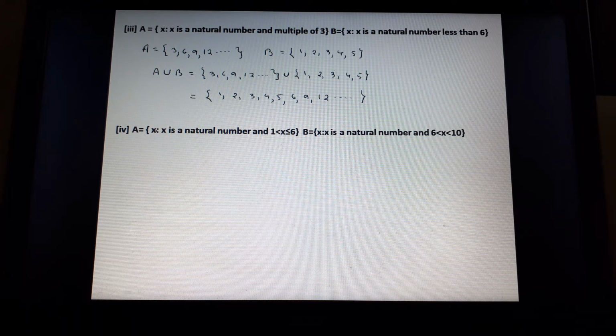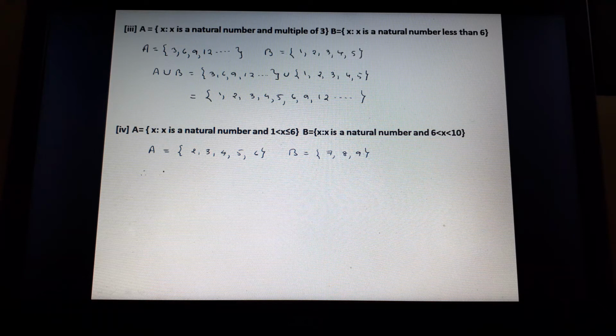Same way here, x is a natural number and it is between 1 and 6, but 6 is included because of the equality sign. So this you can write A equal to 1, 2, 3, 4, 5 and 6. This is A. B equal to, it is also natural number between 6 and 10. 6 also I cannot take, 10 also I cannot take: 7, 8, 9.